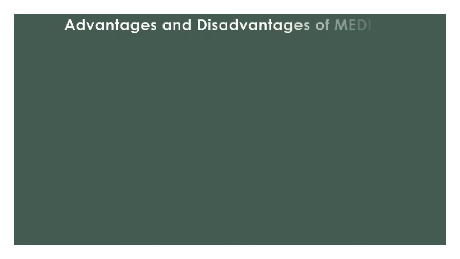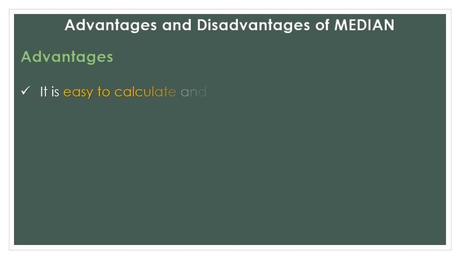Before I complete my tutorial, let us see the advantages and the disadvantages of the median. Starting with the advantages, it is easy to calculate and understand, as we have seen from the illustrations. It can be found by inspection.